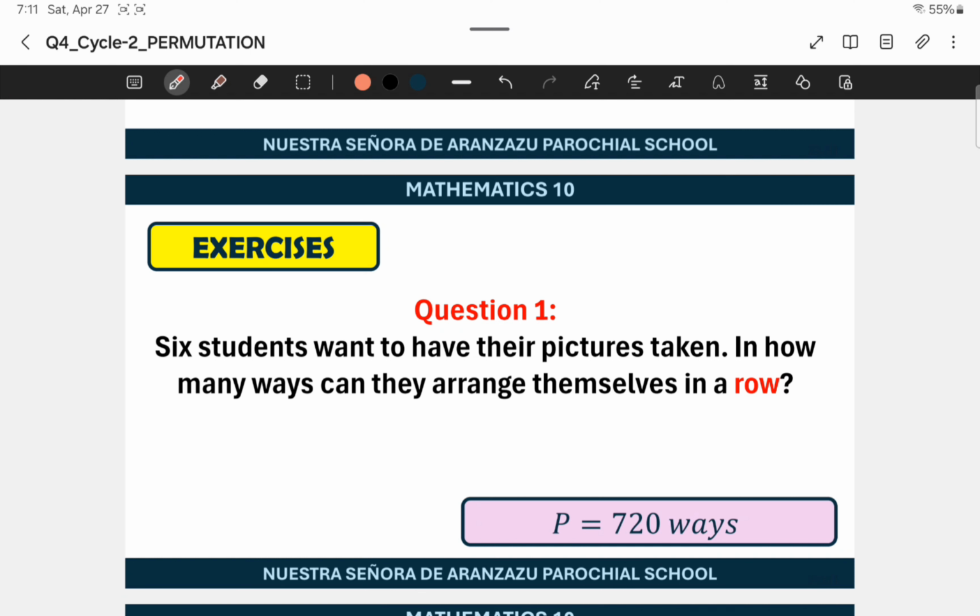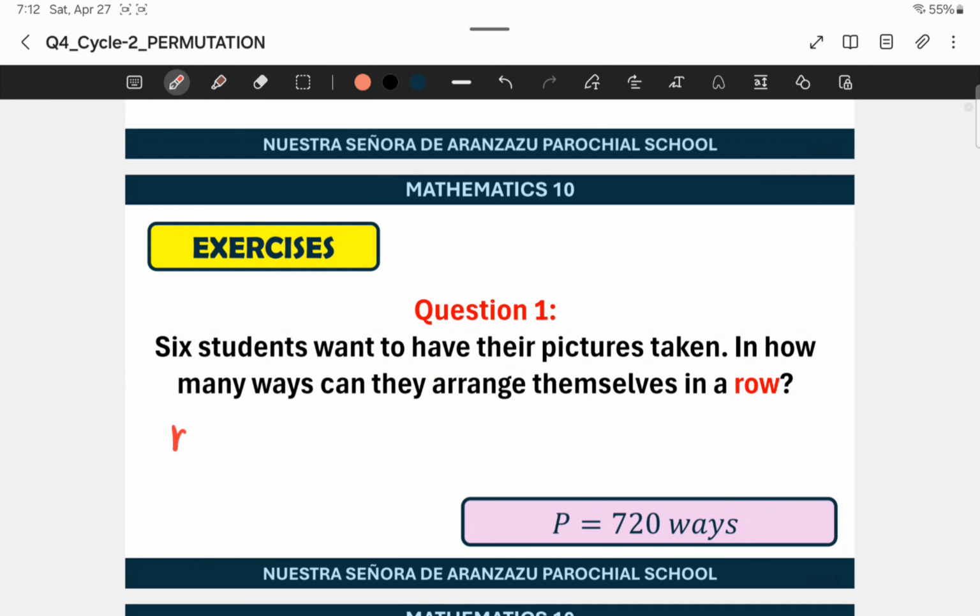Okay, so question number 1: 6 students want to have their pictures taken. In how many ways can they arrange themselves in a row? On this problem, we can apply formula number 1. Formula number 1, di ba, ginagamit natin when we are going to take the arrangement of all objects, of n objects taken all at a time.